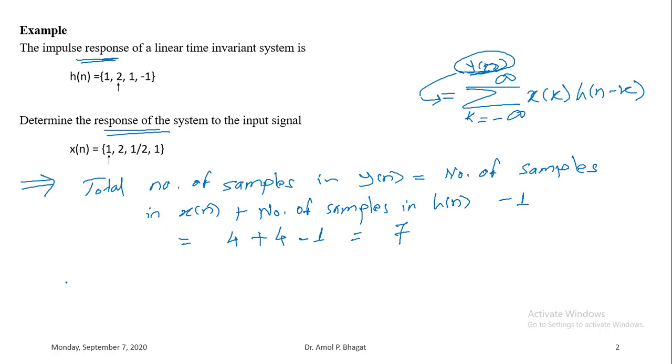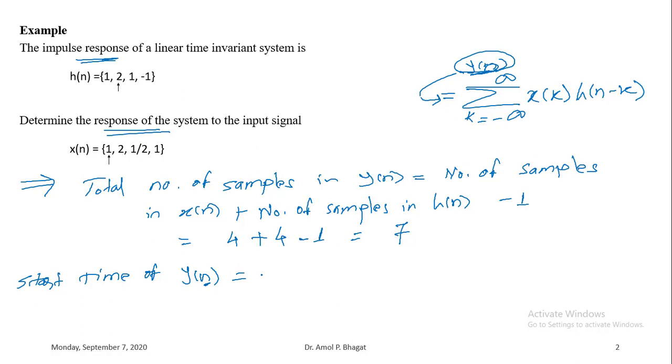Similarly, you can identify the start time of y of n, that is, from which time n y of n will start. Here you add the lower limit of h of n and the lower limit of x of n. After adding these two values you will get the start time of y of n.